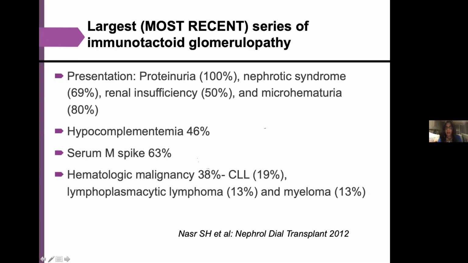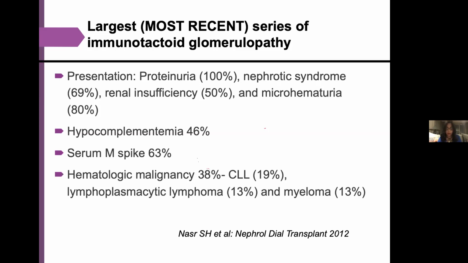The largest and most recent series for immunotactoid glomerulopathy was published by Sameh Nasr in 2012. 100% of the patients presented with proteinuria, up to nephrotic syndrome in 70%, 50% with renal insufficiency, and up to 80% with microhematuria. So you see the clinical presentation is almost the same as fibrillary GN.